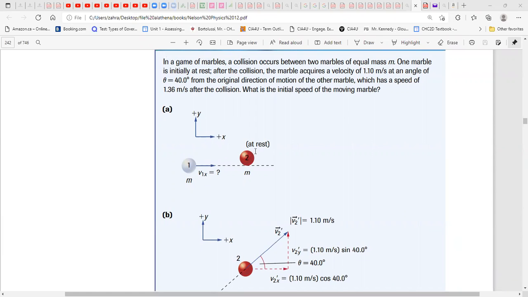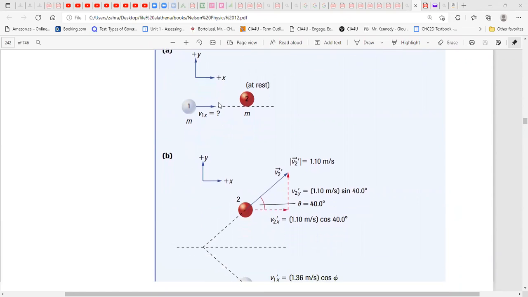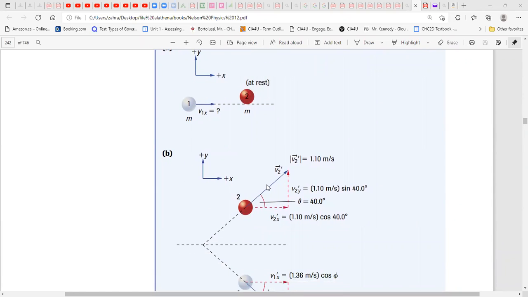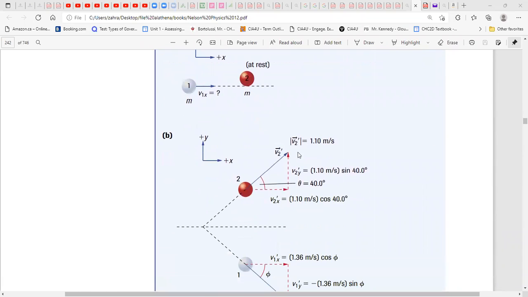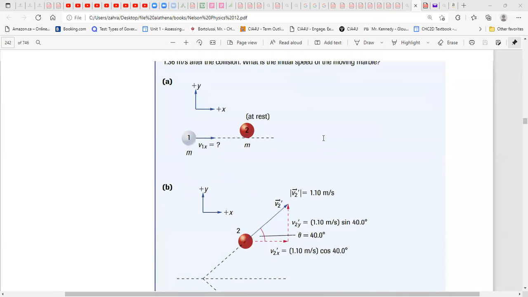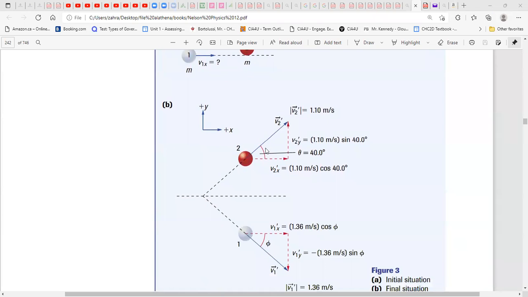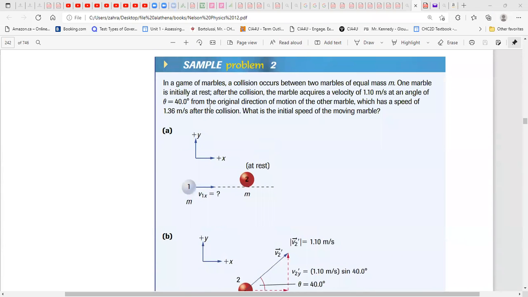The other marble has a velocity of 1.1 meters per second at an angle theta equal to 40 degrees. After the collision, the marble moves at an angle of 40 from its original direction of motion, and the other marble has a speed of 1.36. After the collision, what is the initial speed of the moving marble?